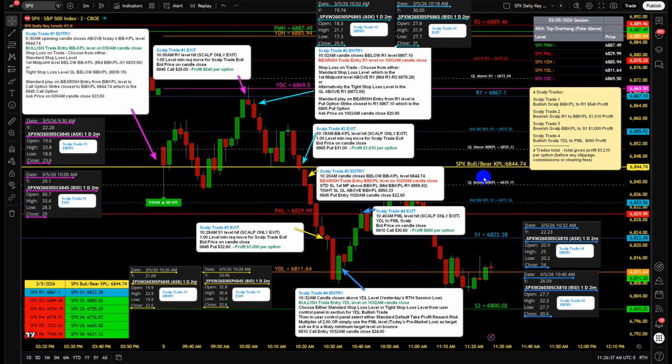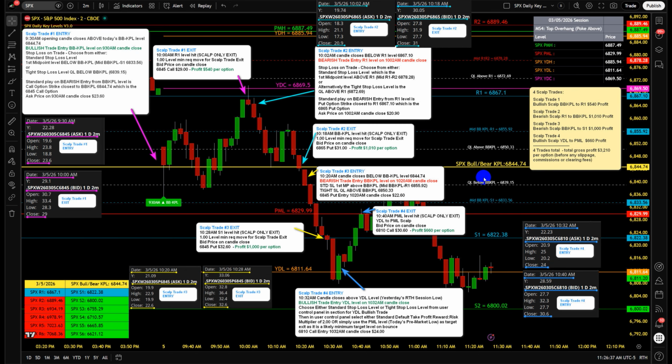So with this indicator, the standard play is going to be the at the money option strike that is closest to the price of the level that you're basing the trade off of, not the price closest to the close of the candle.